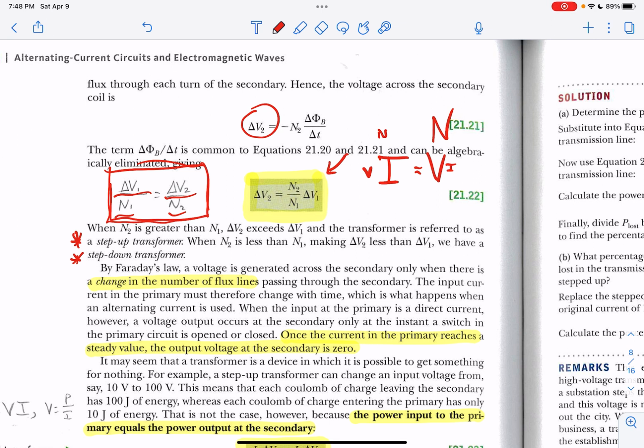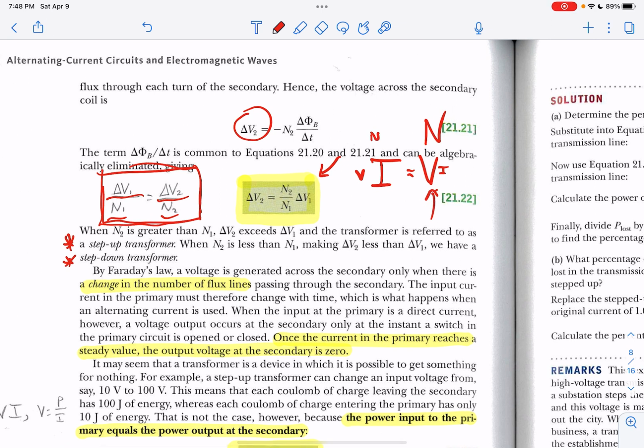And now you've got these high voltage power lines that can travel great distances across states and even across country, but at a very low current, thereby greatly reducing the amount of energy that you lose due to I squared R losses, which we talked about in an earlier chapter.